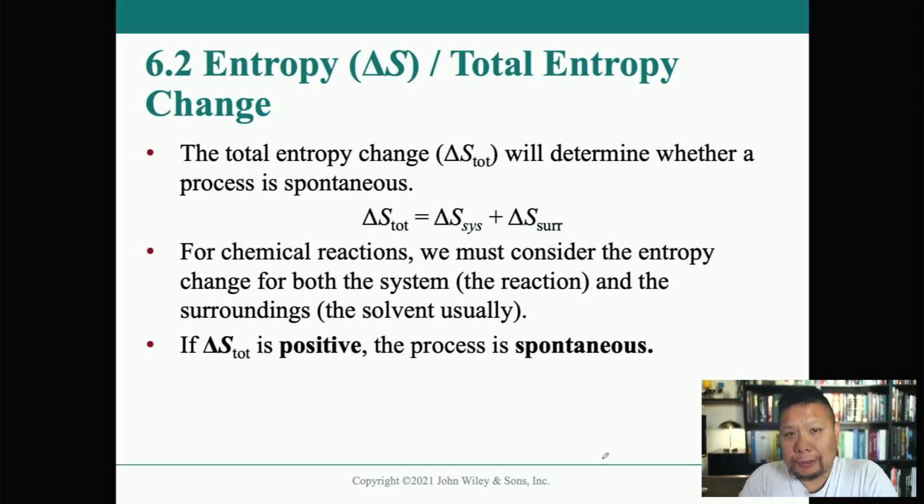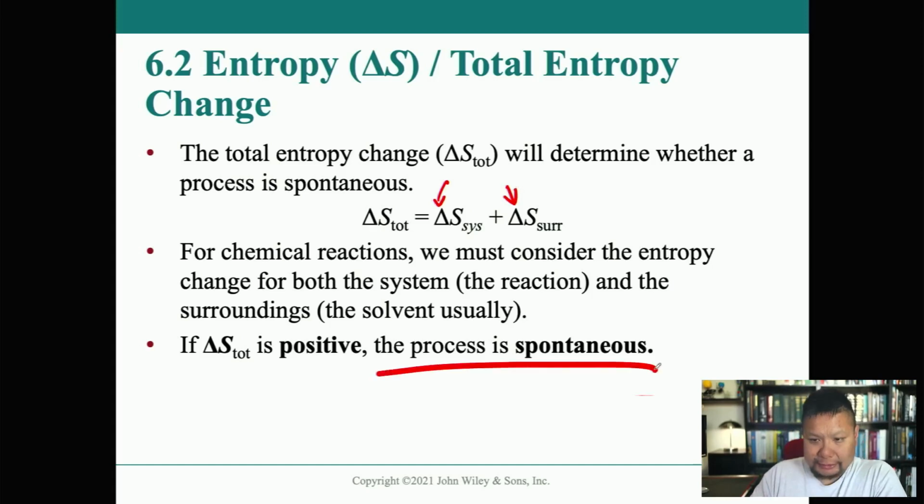So for chemical reactions, we consider the entropy change for both the system, which is the reaction, and the surroundings, which is usually the solvent. Remember that the triangle always means delta, which means the change in something, okay? So if delta S total is positive, then the reaction is definitely spontaneous.